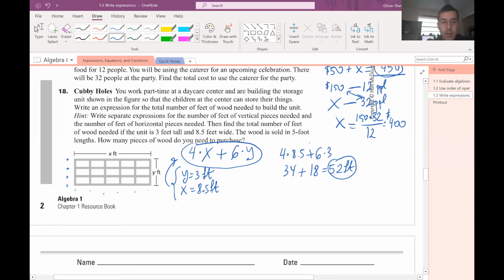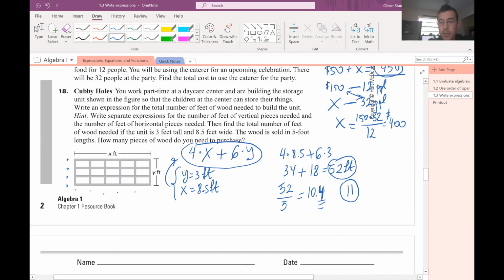And then the last question is, the wood is sawed in 5-foot lengths. So how many pieces of wood do you need to purchase? So 52 divided by 5 is 10.4, but we can't purchase partial wood pieces. So we have to purchase 11, right? From the 11th piece, we're going to use only 0.4, less than half of that piece.